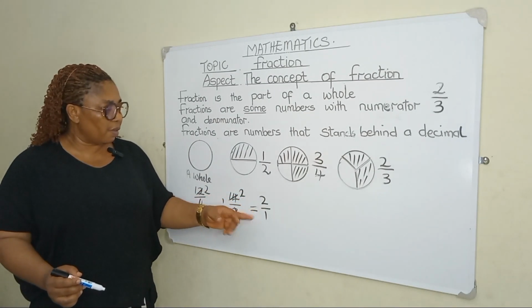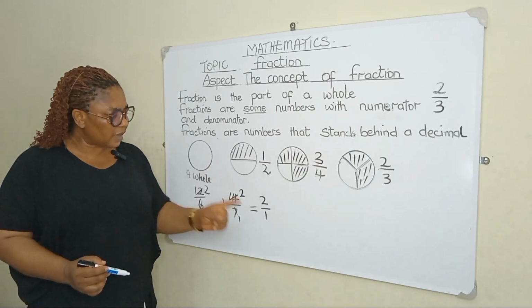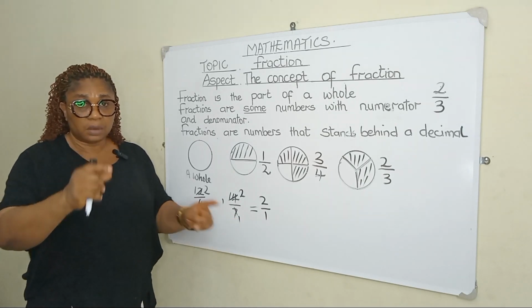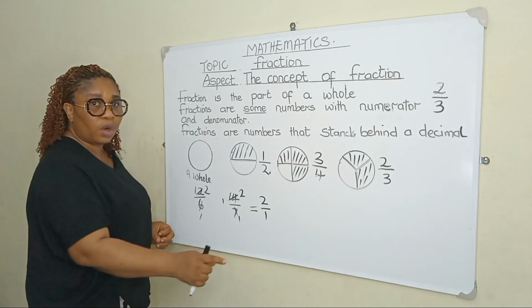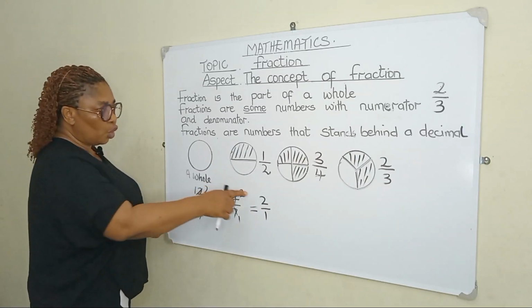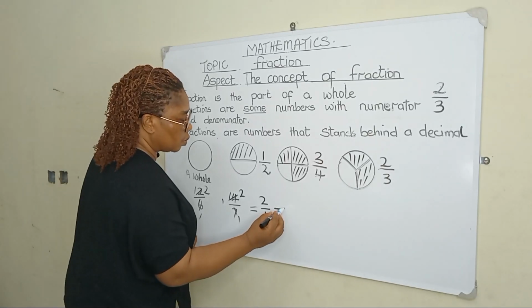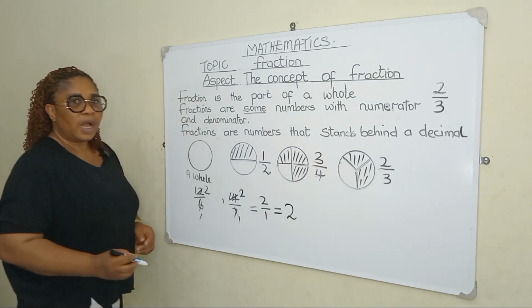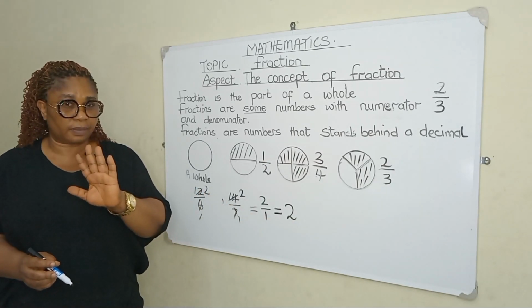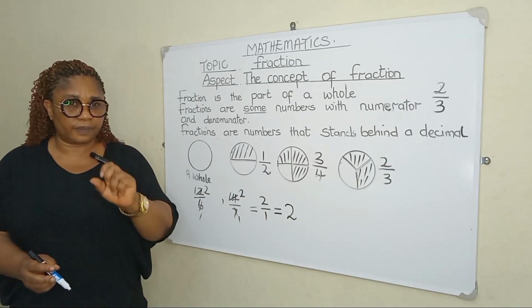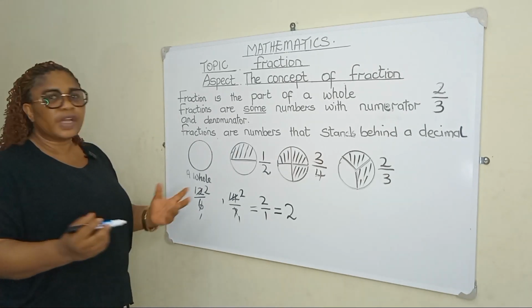Any number standing on 1 is that number. So 2 is standing on 1, it is 2. And notice that this 2 is a whole number.